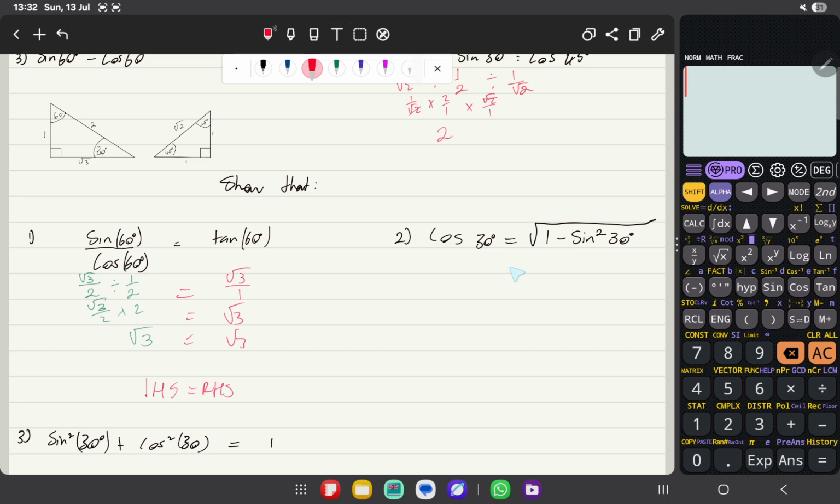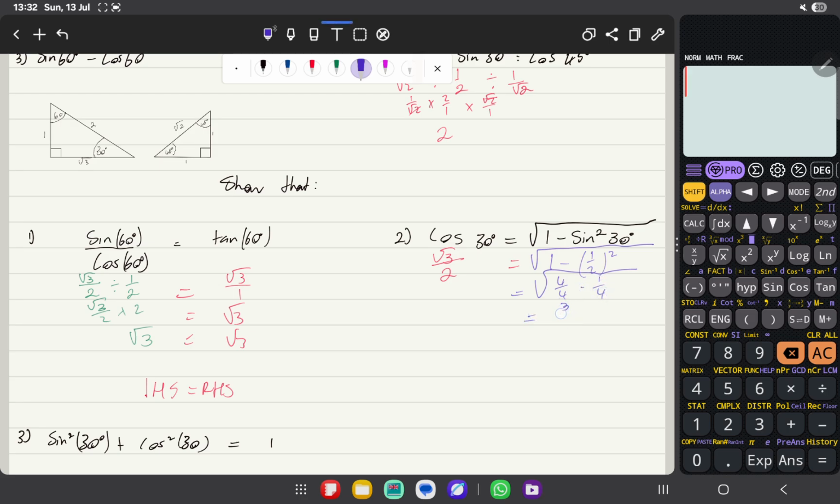Let's see here what we got. So this side cos 30, it is adjacent square root of 3 over hypotenuse, which is 2. I'm looking at these triangles. Then here, square root of 1 minus sine 30 squared, sine 30 is 1 over 2, so I have square root of 4 over 4 minus 1 over 4.